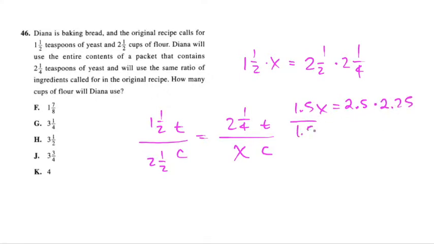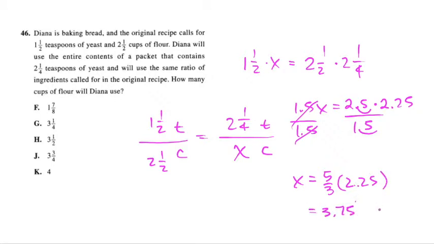Then we bring the 1.5 over. That's really 25 over 15, or 5/3, times 2.25. It's pretty easy to calculate. That's 3.75, or 3 3/4. The answer is J.